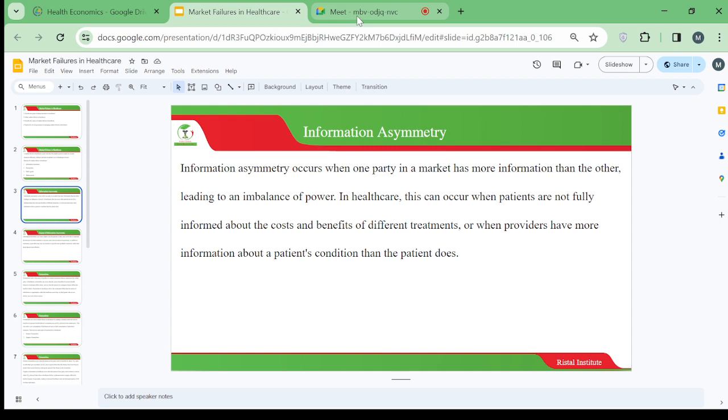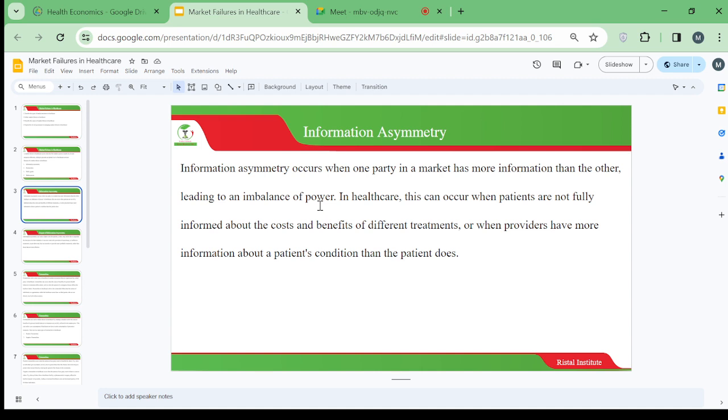The physician has more information about the costs and benefits of particular treatments, whether they're drugs, procedures, or surgical procedures. The physicians have more information about these procedures than the client.